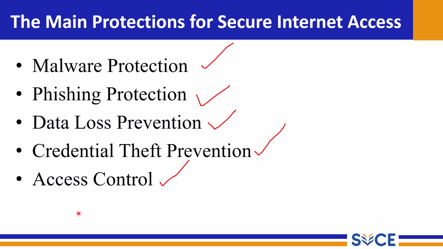So what is meant by malware protection? Users can be infected with malware via various web-based threats, or malware can be downloaded from phishing pages or delivered via the exploitation of browser vulnerabilities. Once installed, the malware communicates with and receives instructions from attacker-controlled servers via command and control communications.